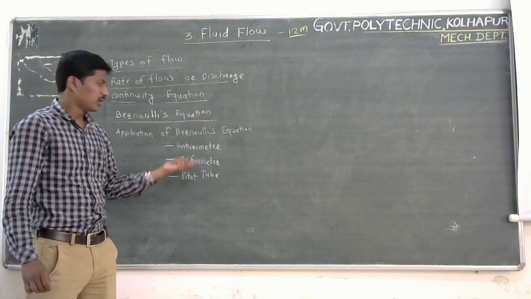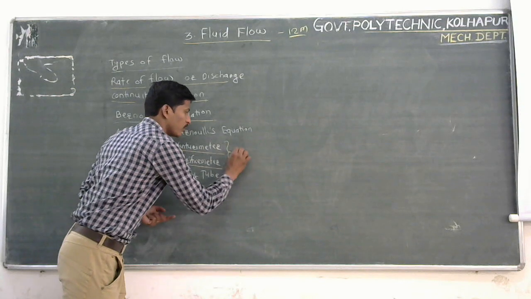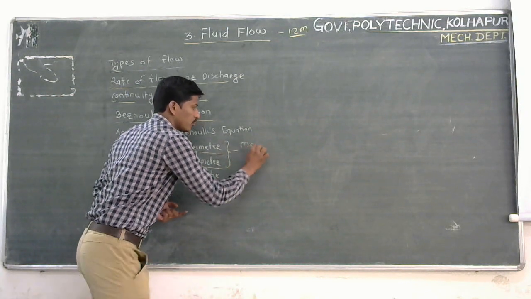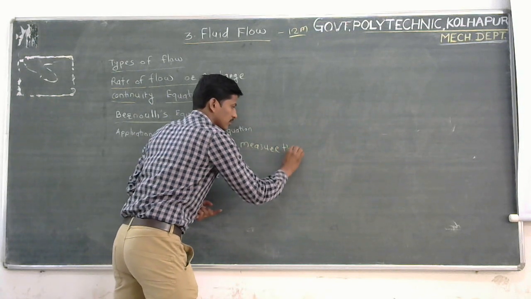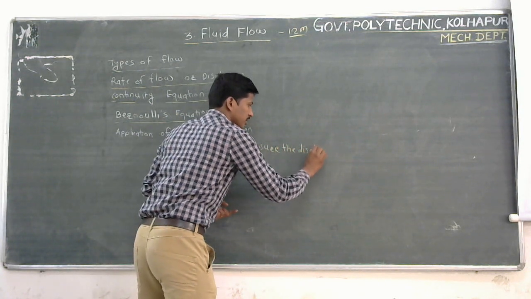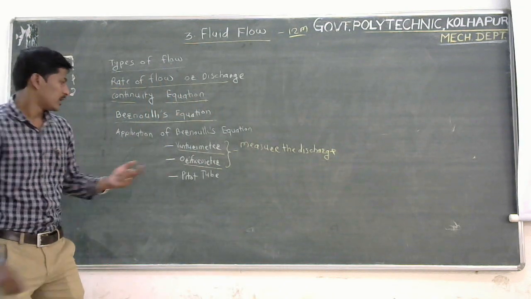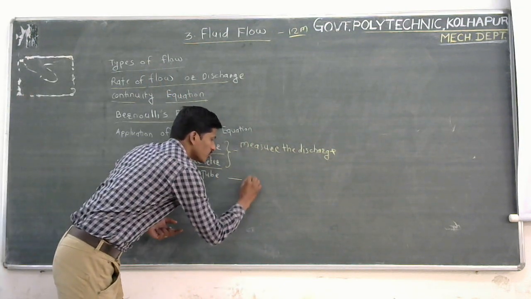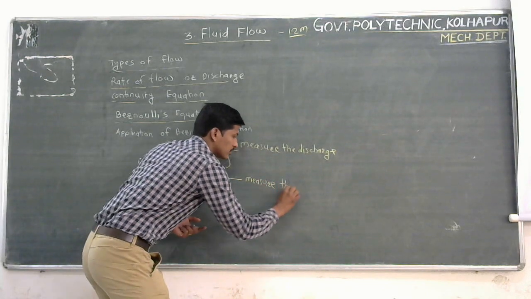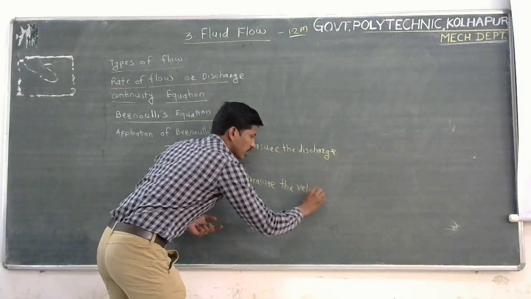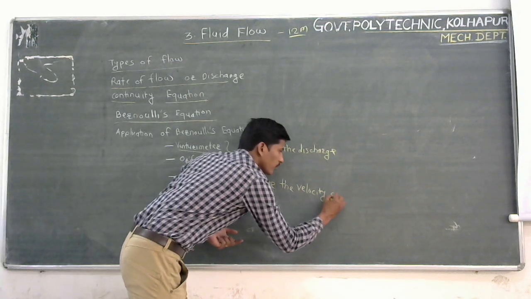Venturi-meter and orifice-meter are used to measure the discharge, and Pitot tube is used to measure the velocity of flow.